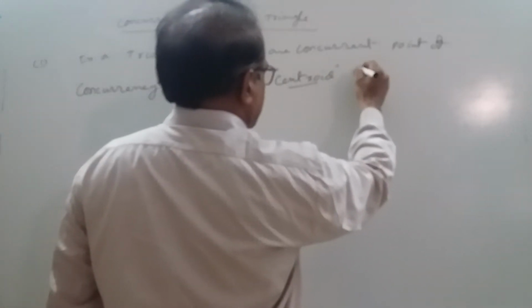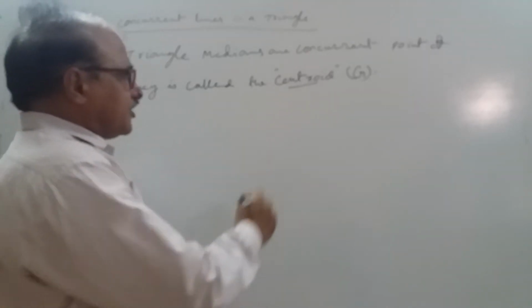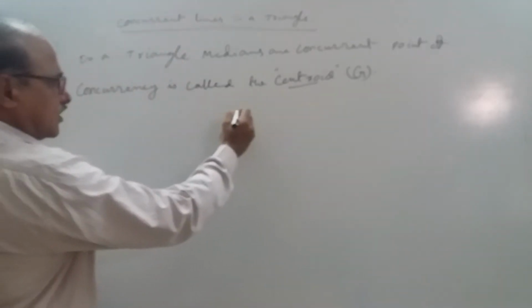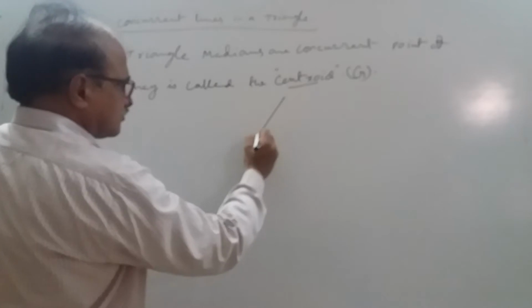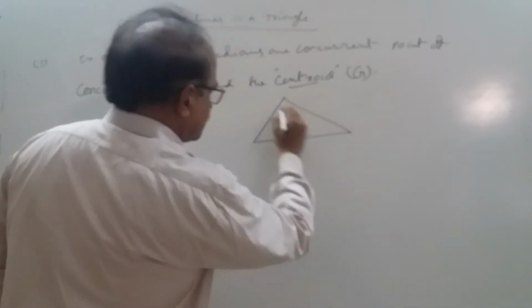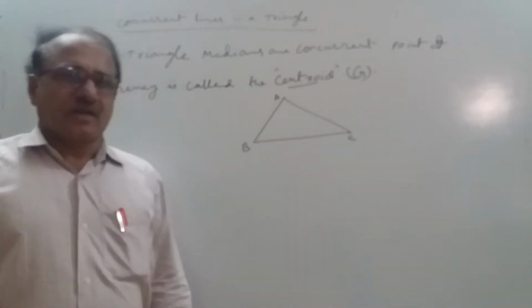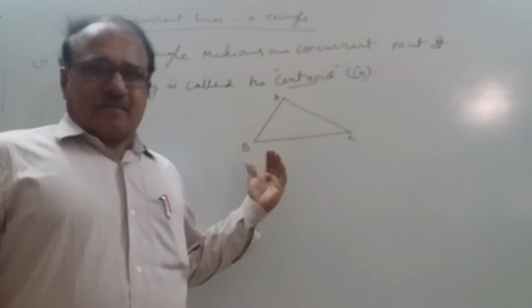It is denoted by G. If we draw, I will explain. If this is a triangle ABC, the vertices are A, B, and C.